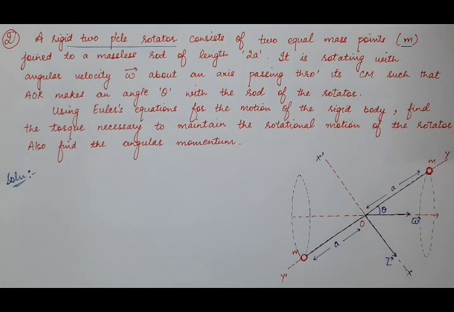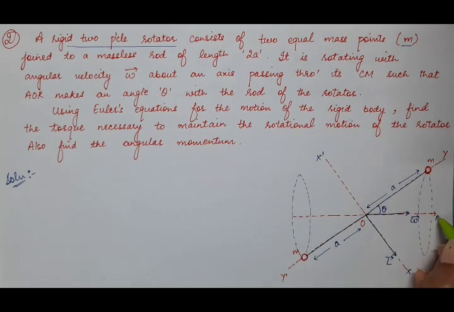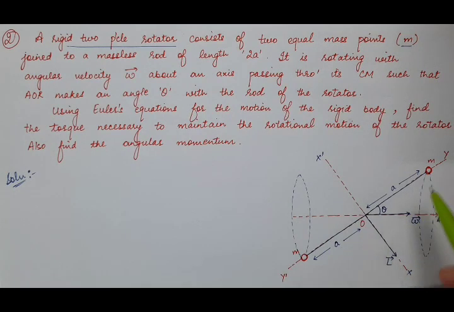One, that it will pass through the center of mass of the two-particle rigid rotator, and the second thing is that it makes an angle theta with this rod. So this will be the axis of rotation about which this two-particle rigid rotator rotates by making an angle theta.